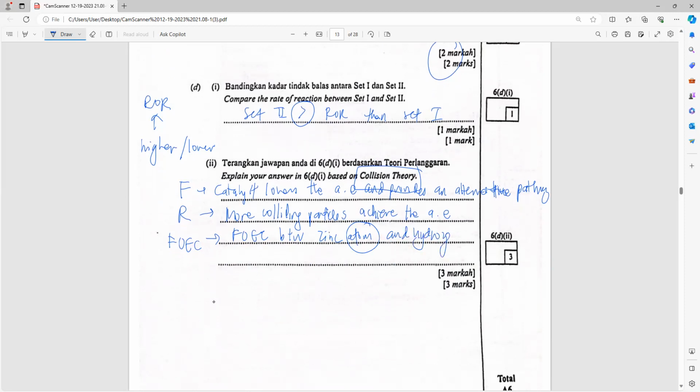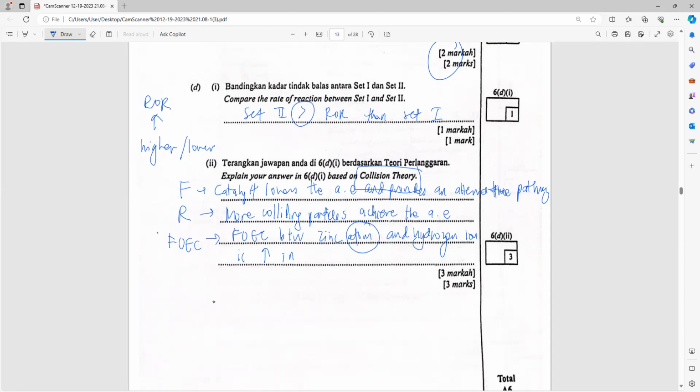But I think I remember stressing it in class already, right? Did I stress this in class? The word atom? Yes, teacher. All right, thank you. So the frequency of collision between zinc atom and hydrogen ion is higher in which set? You cannot say particles.